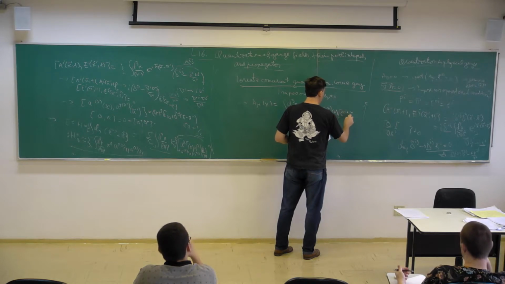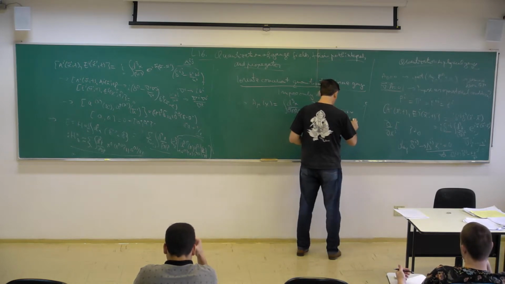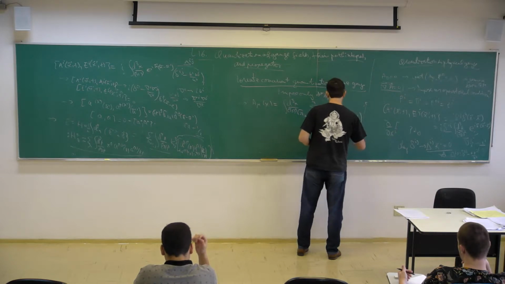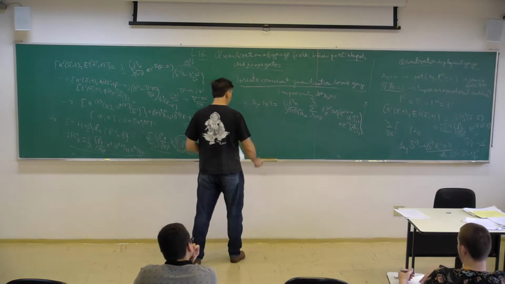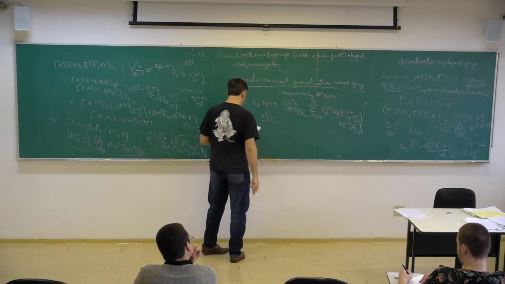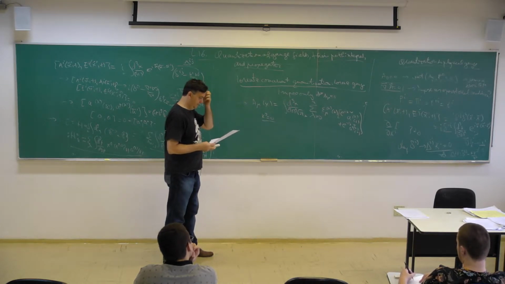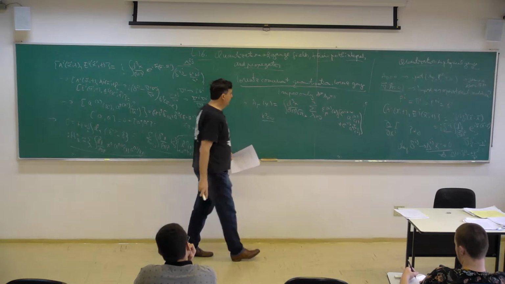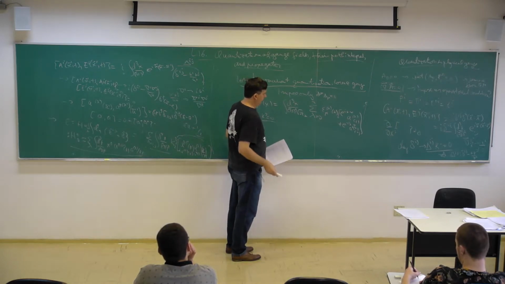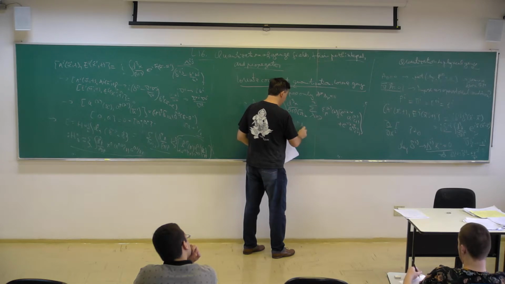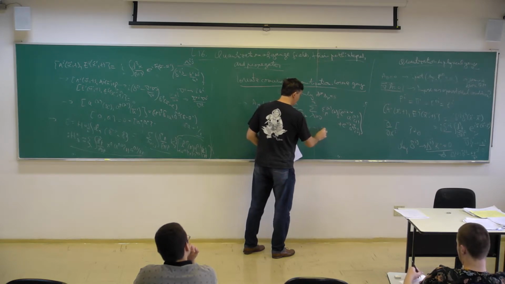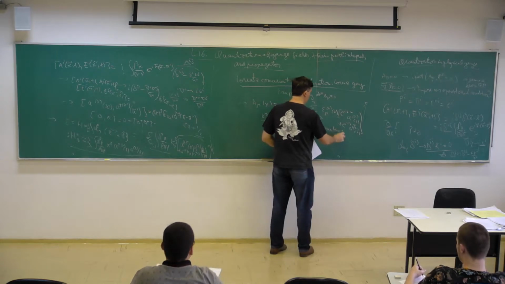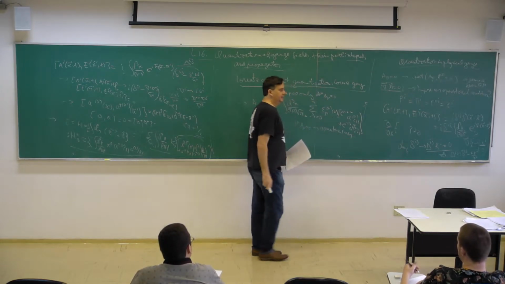Then e to the i kx a lambda of k plus e to the minus i kx a dagger lambda of k, and then k squared equals 0. However, this is only a solution if d mu A mu equals 0. However, we want to impose this in an operatorial way, as we said.